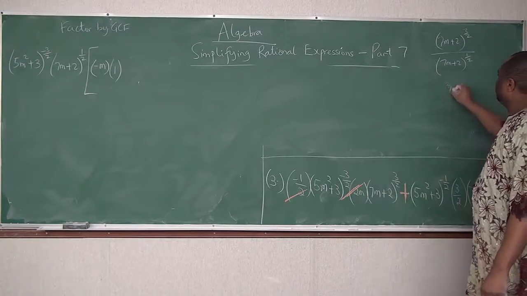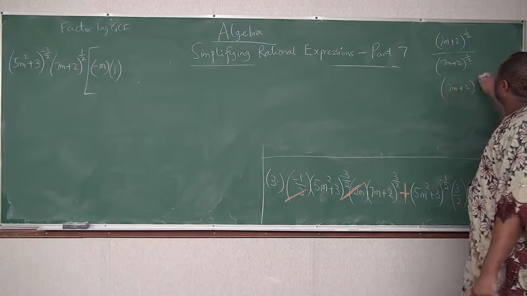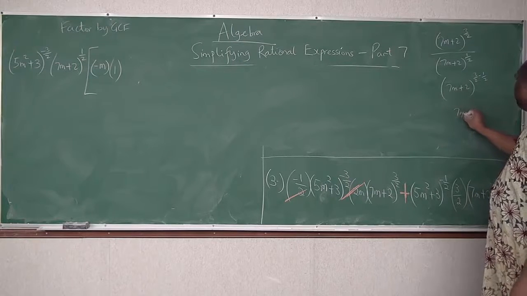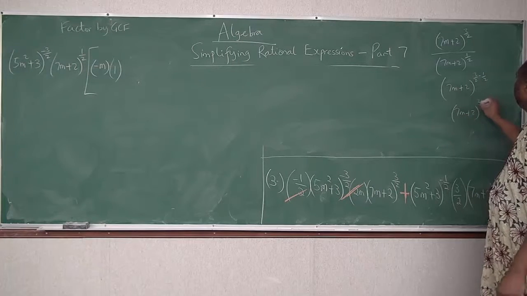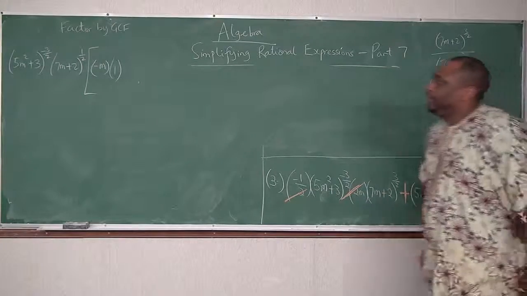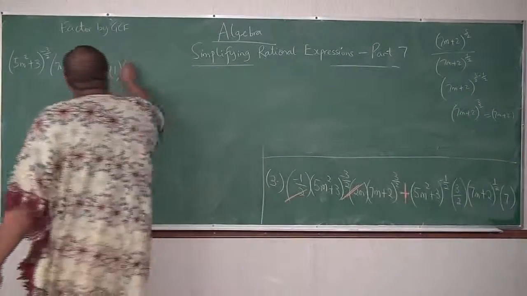So this gives us 7m plus 2 exponent 3 over 2 minus 1/2, which is 7m plus 2 exponent 2 over 2, which is just 7m plus 2. Okay, so we write 7m plus 2 here.